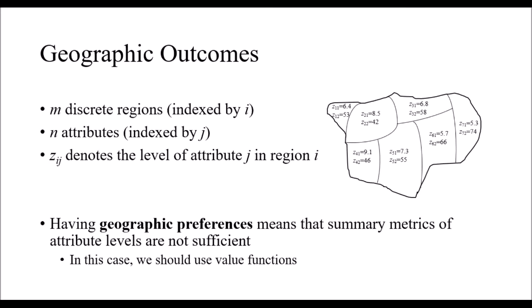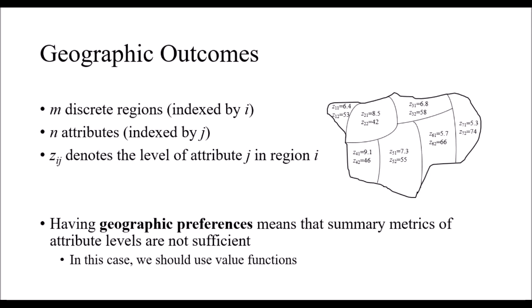Right, so if we do care about the distribution of attribute levels across regions, then we need to use value functions or capture preferences that have that feature in some way. So that's just to make clear what we're talking about when we refer to geographic preferences: we do care about what attribute levels we see in what regions.